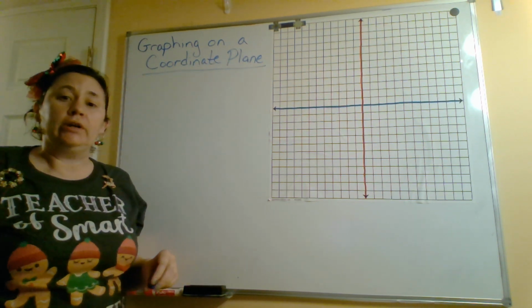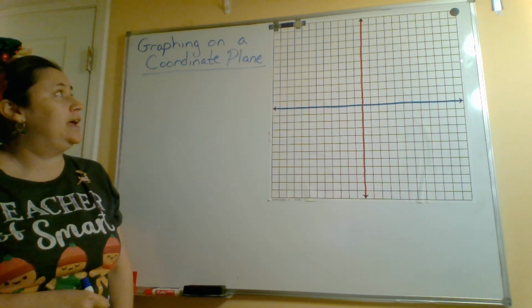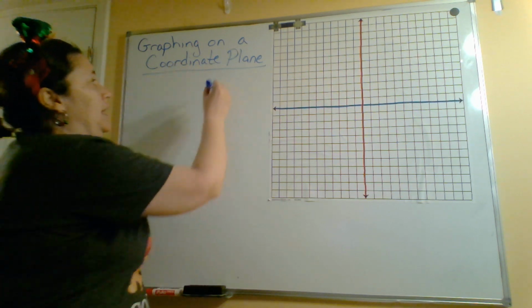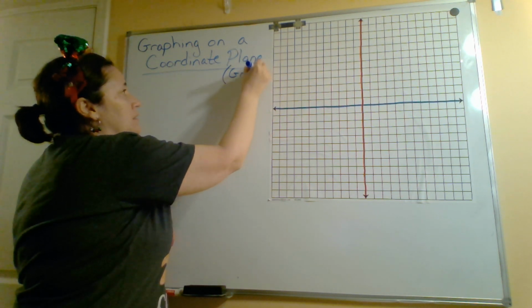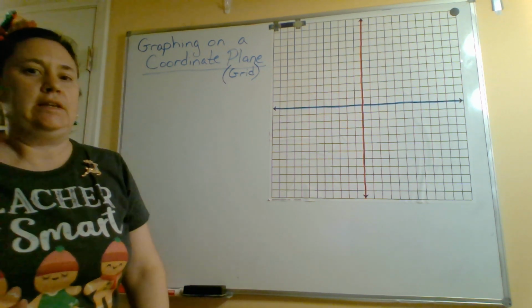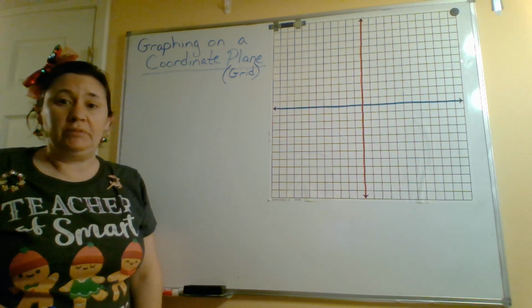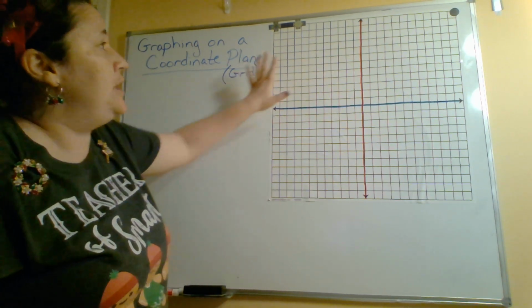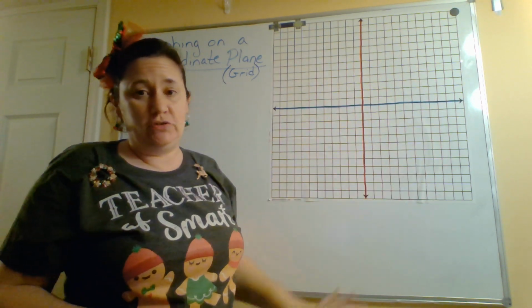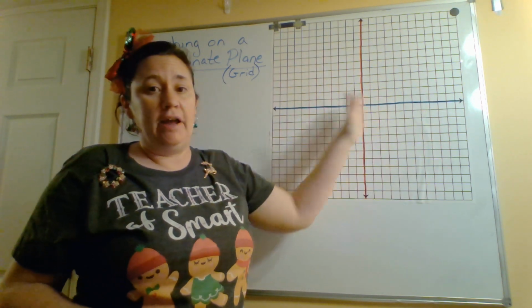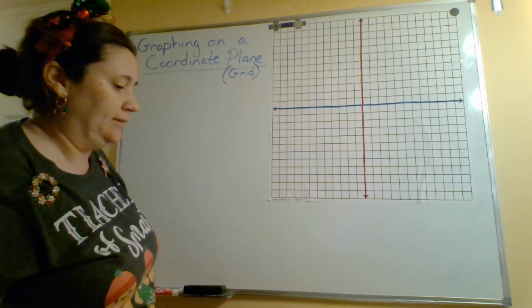A coordinate plane is also sometimes called a coordinate grid, so let's put that in parentheses. Graphing on a coordinate plane is our topic. This right here is the coordinate plane, this two-dimensional space that goes left to right and goes up and down.